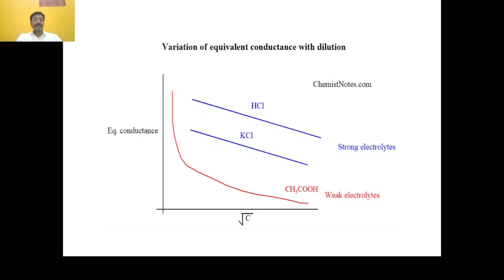This is the graphical representation of the variation of the equivalent conductance with dilution for strong as well as weak electrolytes.